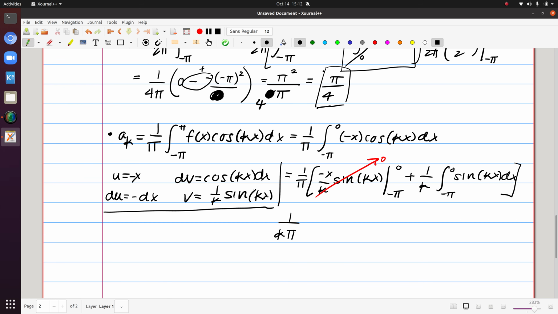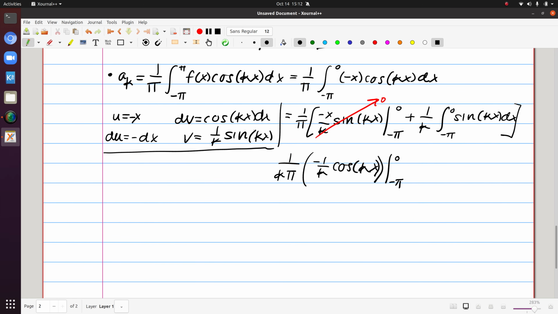The antiderivative of sine of kx is now going to be negative 1 over k cosine kx. And we're evaluating this from x equals minus pi to 0. So we are left with negative 1 over k squared pi, and we have cosine of 0 minus cosine of minus k pi.